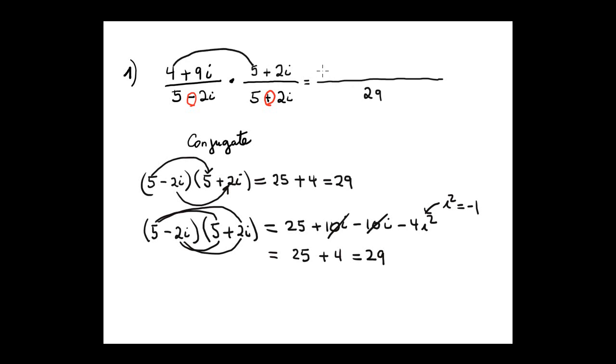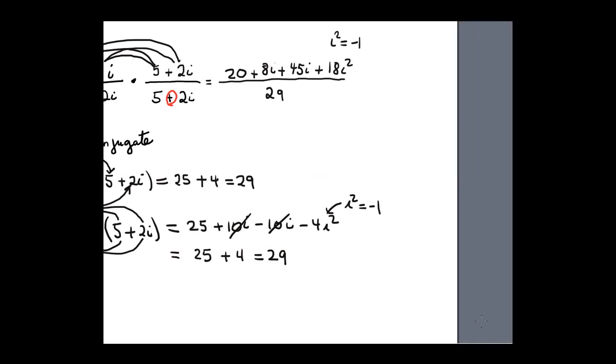It's 20, is 8i, is 45i, and finally is 18i squared. i squared one more time is equal to negative 1.